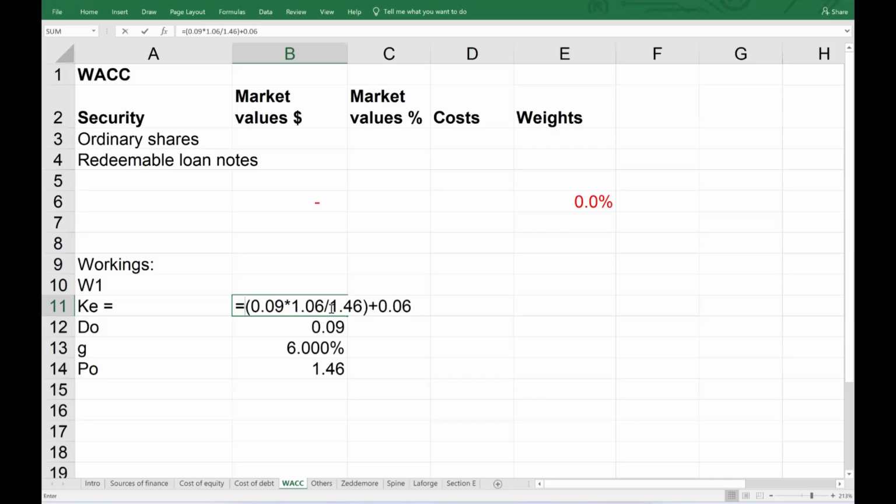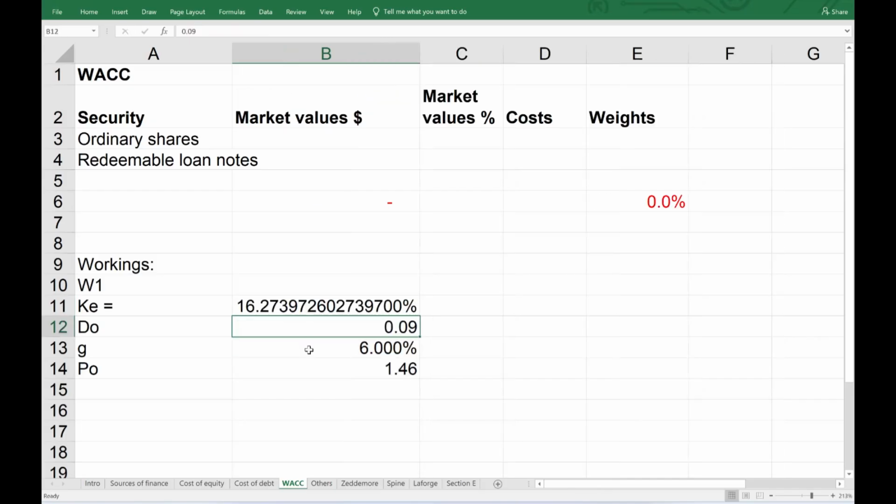Look, now we will do once again, D naught into 1 plus growth. So 1 plus this, divided by this, and plus G. Once again, you have to do. Plus G. Oh my God, I made a mistake.